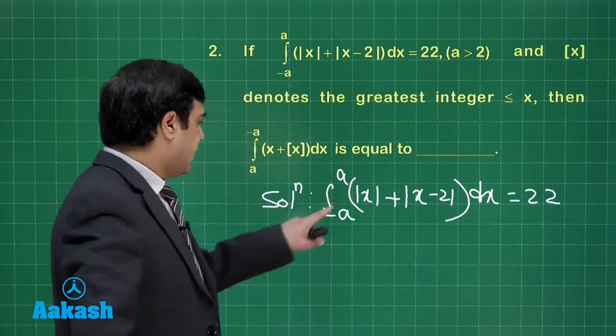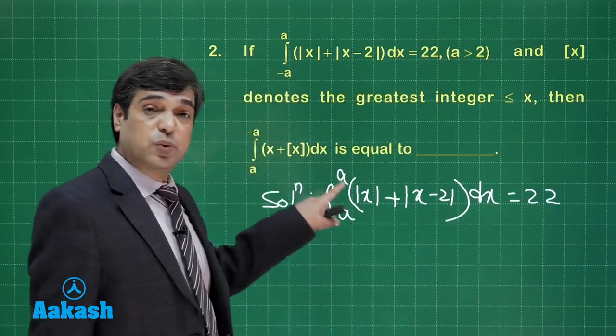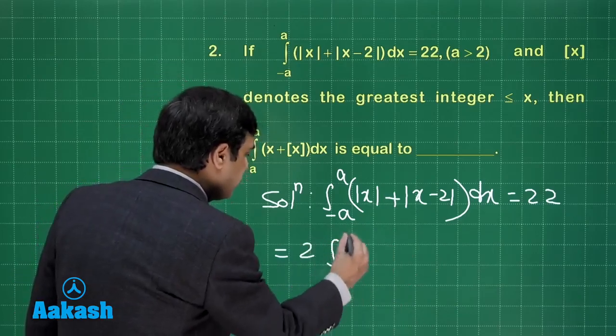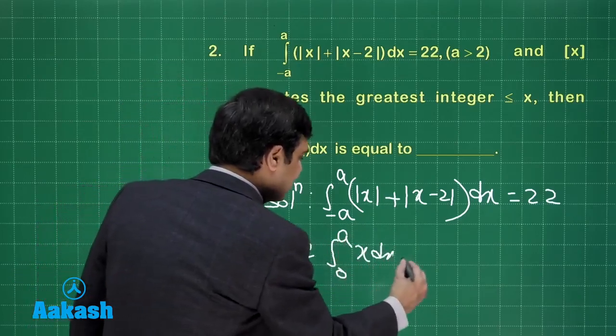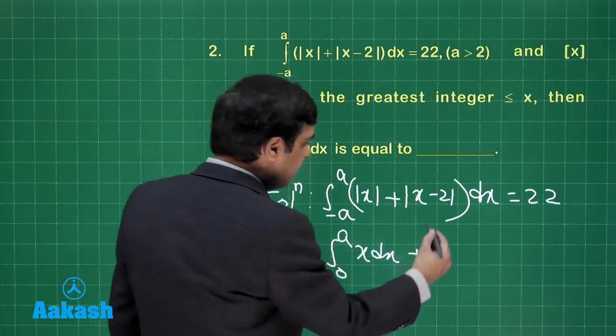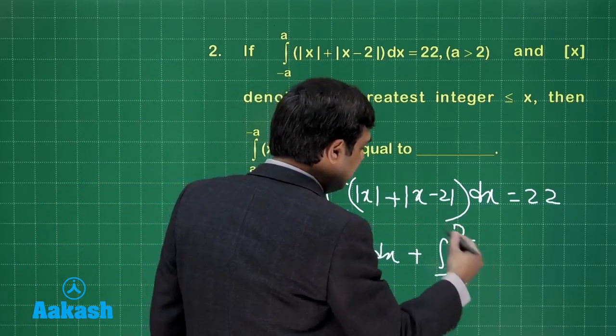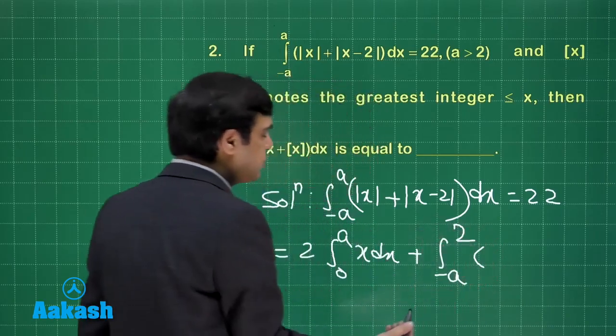Now clearly this can be written as double of integral 0 to a of x dx, plus this one we can break at 2, minus a to 2.